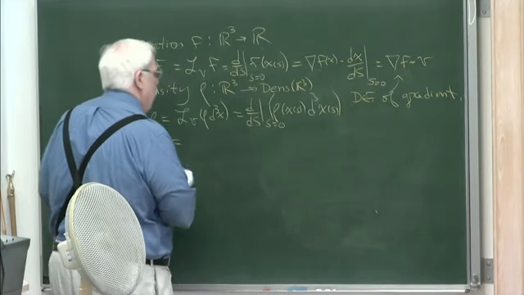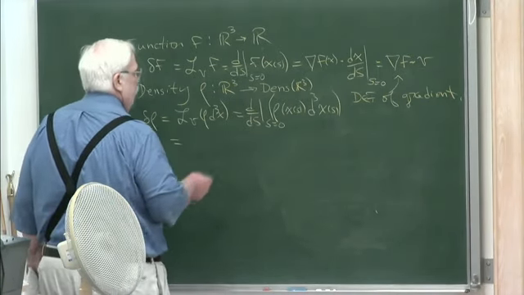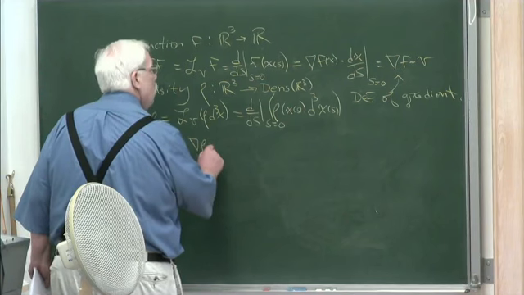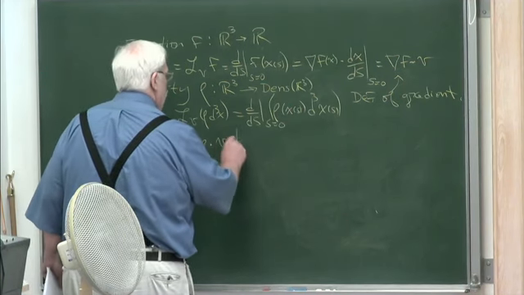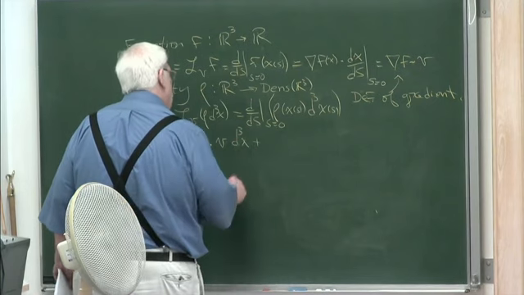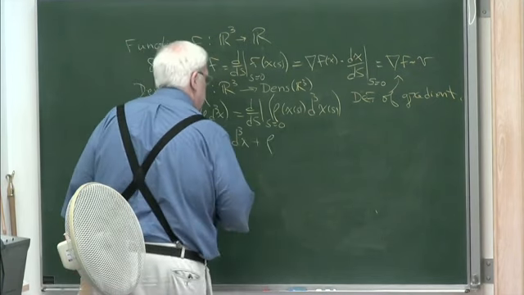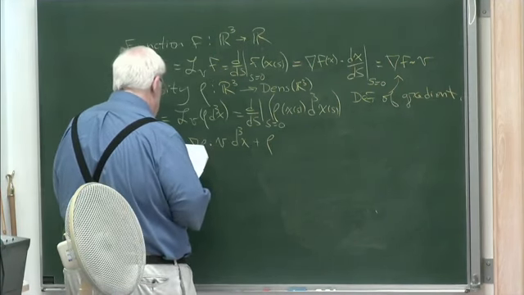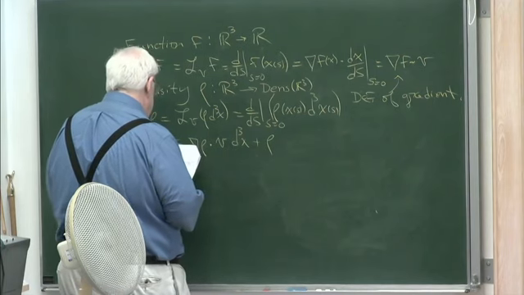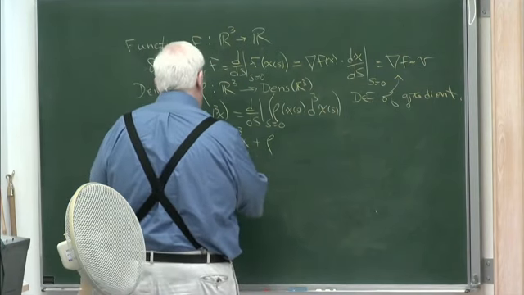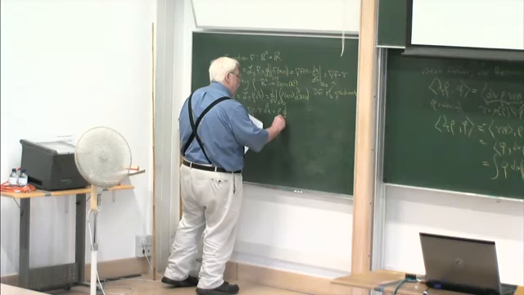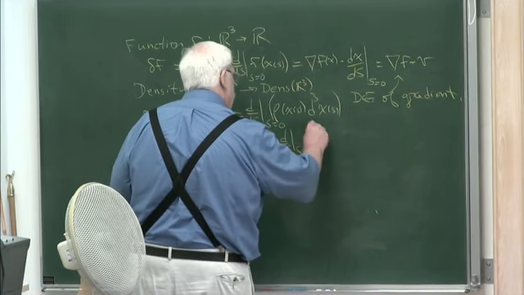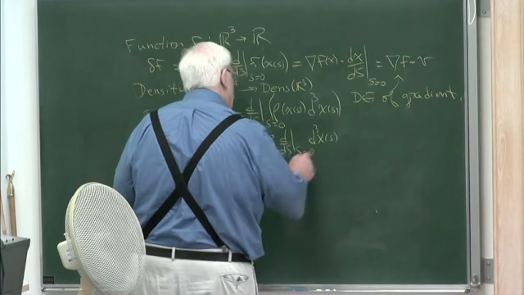Okay, so this guy then is like the function. It's grad rho dot v times d3x plus rho. We can use the chain rule: rho times d by ds at s equals 0 of d3x of s.